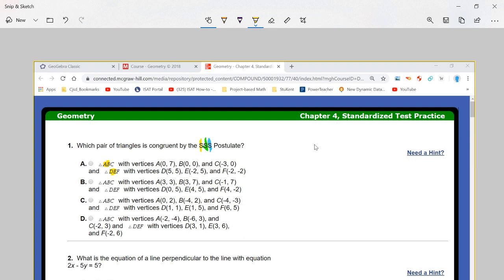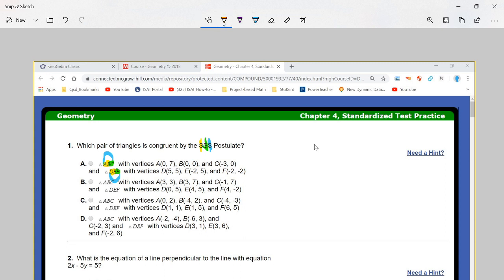And then the second side would be the middle side, which would be BC and EF, right? And then the third side would be F back to D, C back to A, like that. So those are my three sides. Those are the letters I would use.